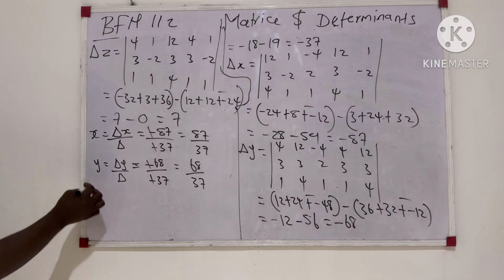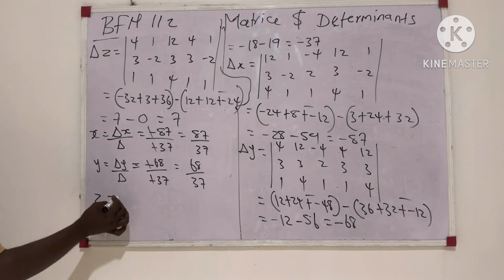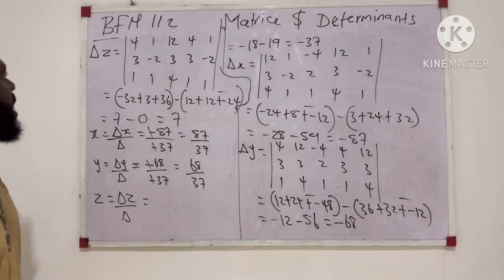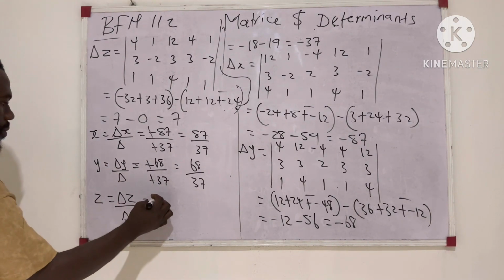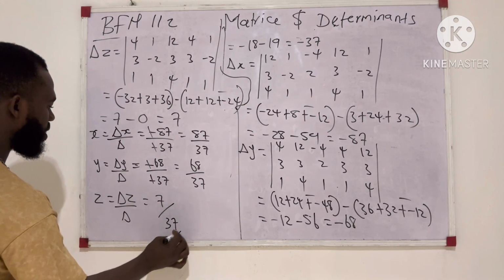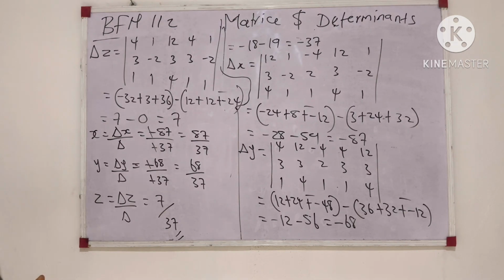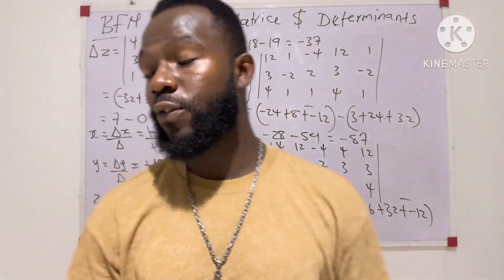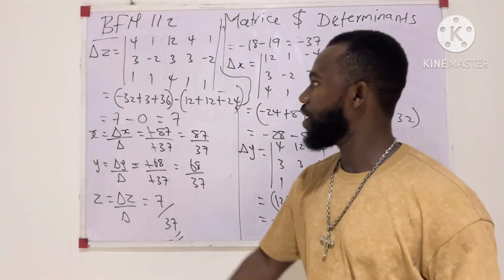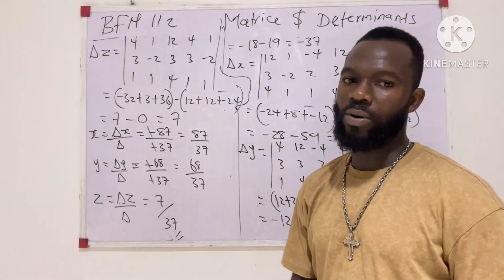Good. Now Z. We said change in Z over change. Now change in Z we got 7. And change we got 37, which is the same thing as 7 over 37. So these are the values for X, Y, and Z using Cramer's rule in solving that question that was given.